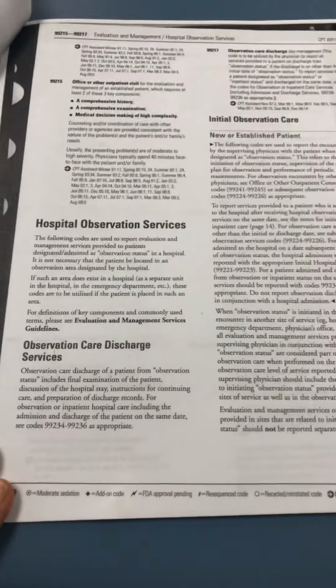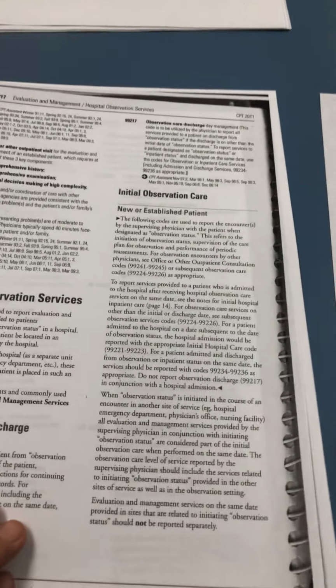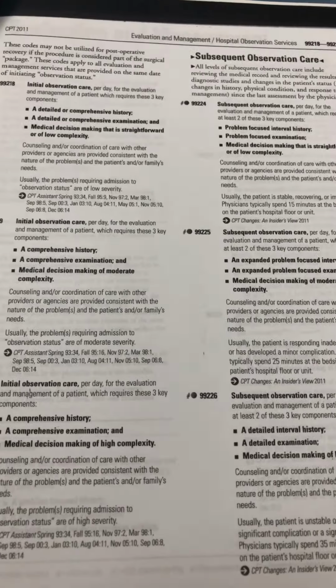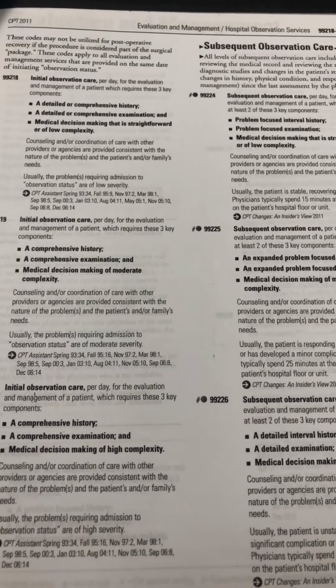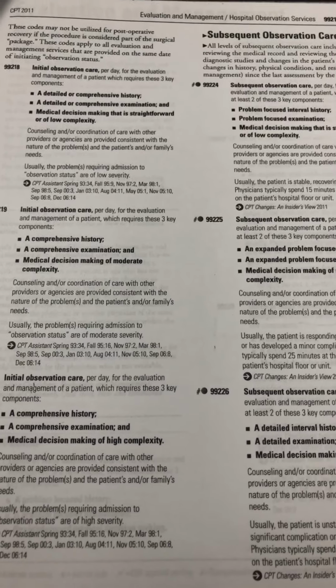We're just scrolling through here. So we're going through our initial observation care, new or established patients. Codes are going to be listed below. So we're just scrolling through here trying to find what they said has happened to this patient and what they're having done. Okay.